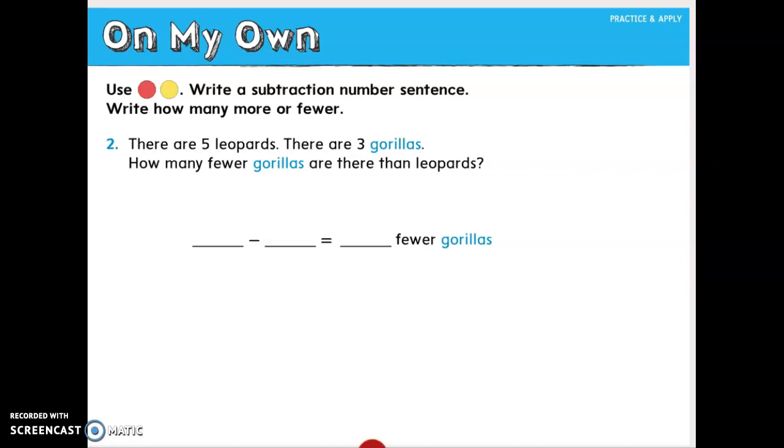So there are 5 leopards. So we know there's 5. So let's start off with our 5. And you can build this yourself too if you have your dots square with you. So then it asks us to do 3 gorillas.